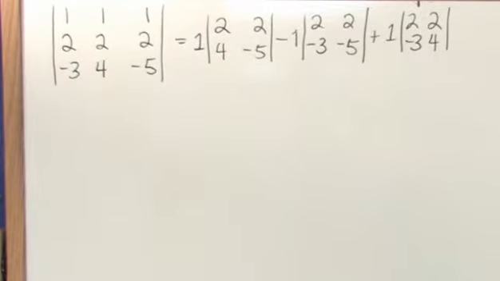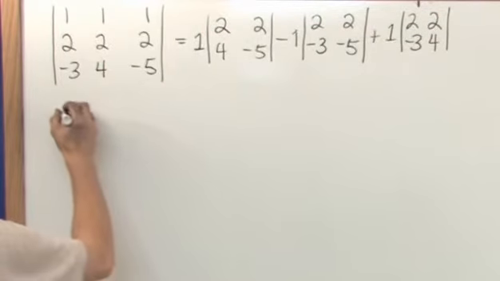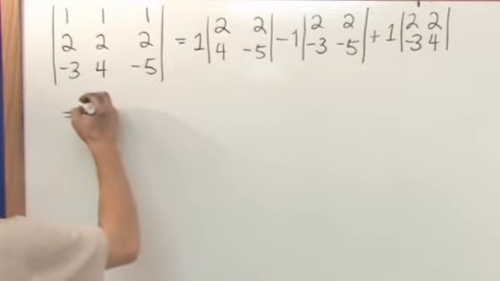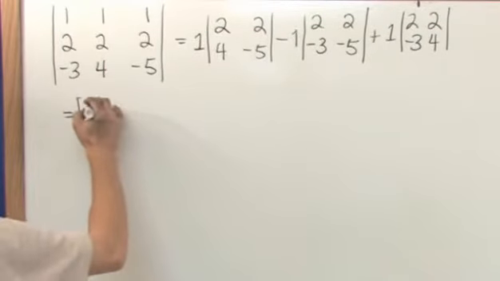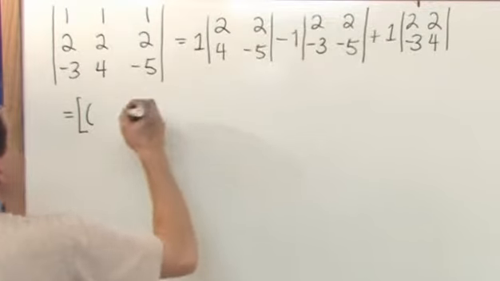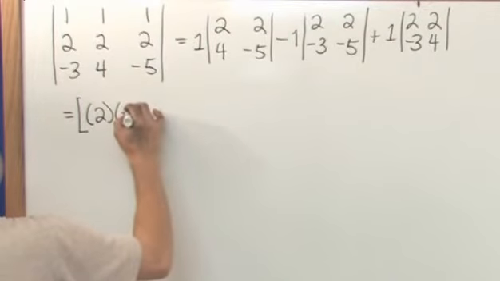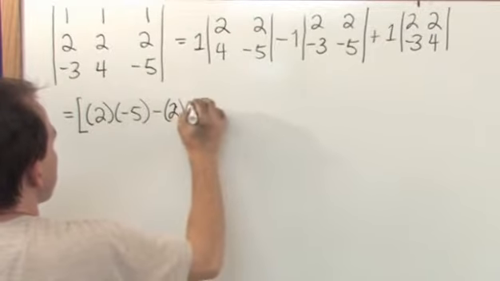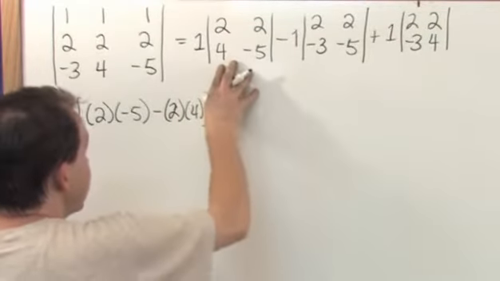So you have to take 3 determinants in general to find a determinant of a 3 by 3 matrix. So what you're going to have is, since it's just multiplied by 1, you just take this determinant, which is going to be going like an x, 2 times negative 5 minus 2 times 4. Okay? That's going to be this one.